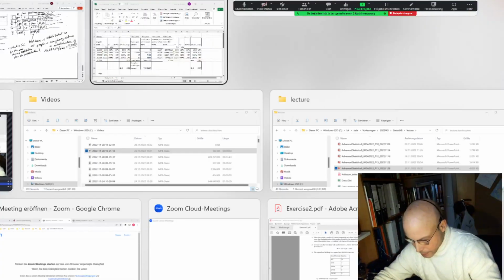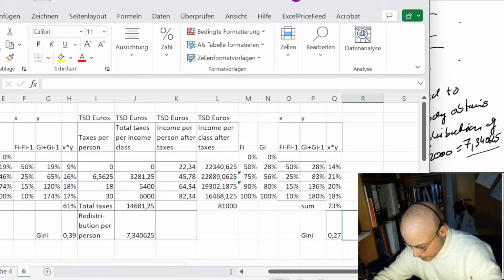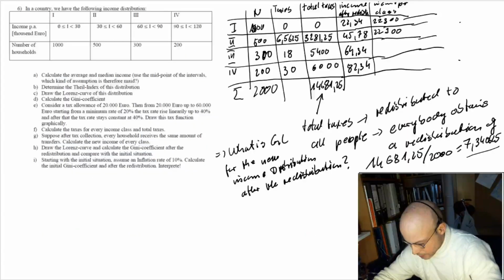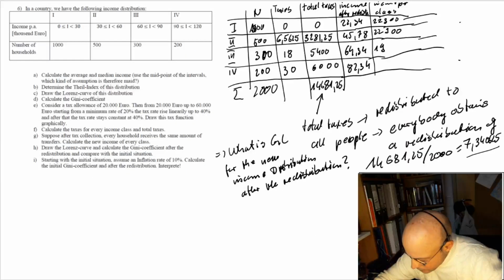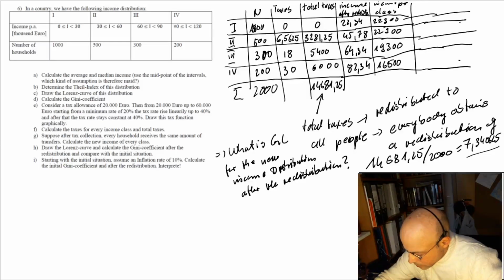Roughly, here we had roughly 93 and 65, and I only want to put Fi and Gi.